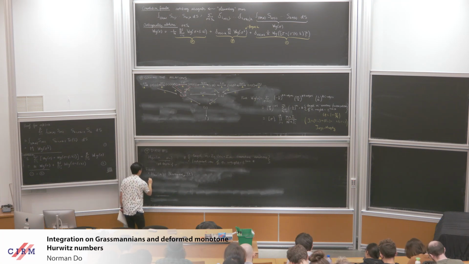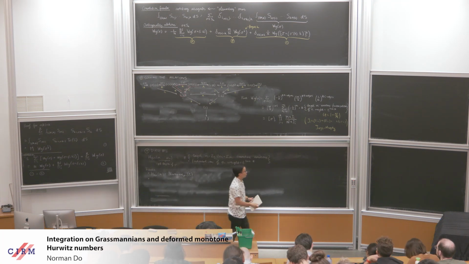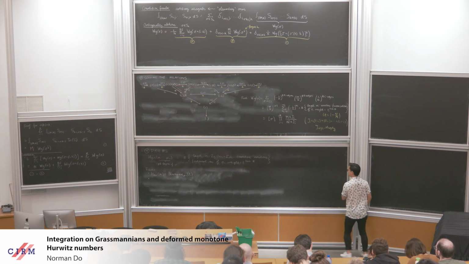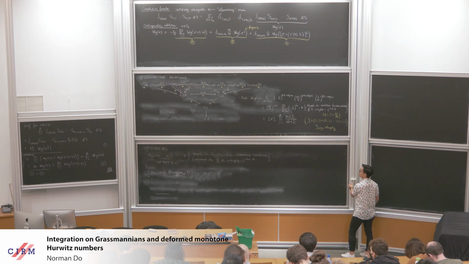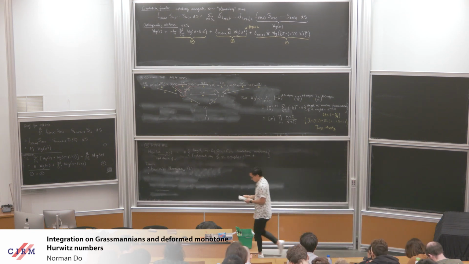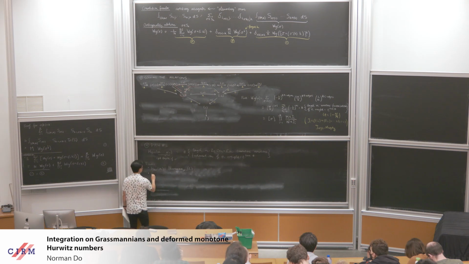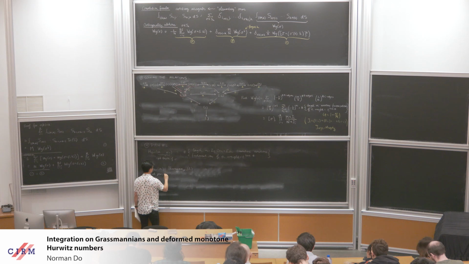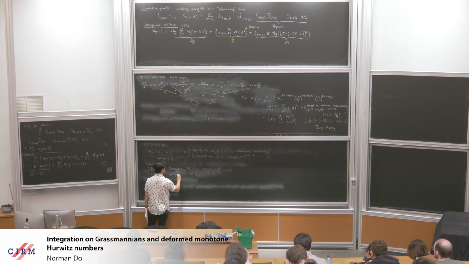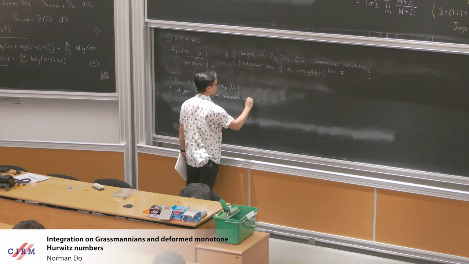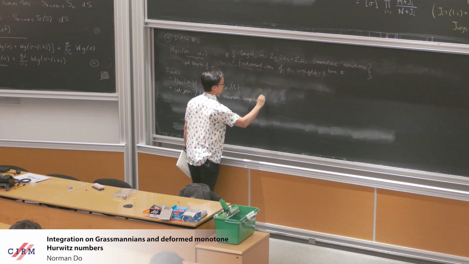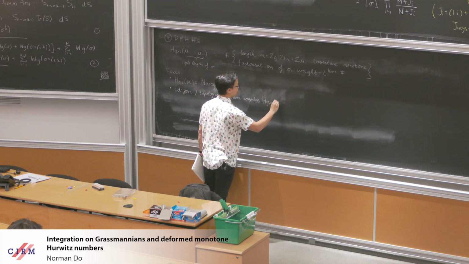I'll also point out that there are various ways to actually compute these rather effectively. So we've got various recursions. One is this cut-and-join, or also a topological recursion, which computes these, and it does it rather effectively.